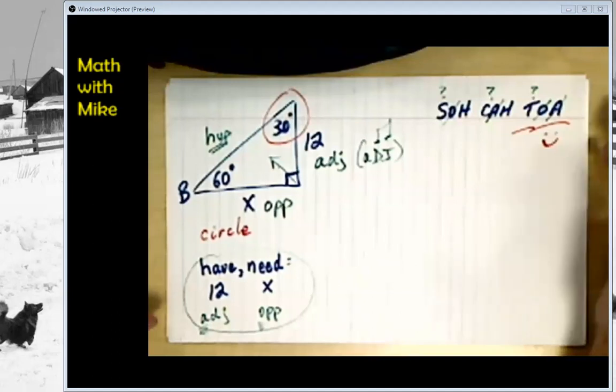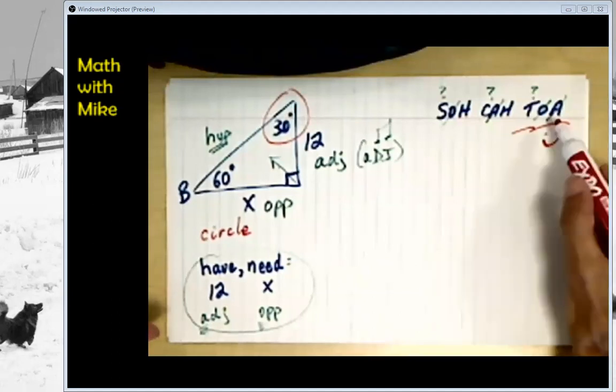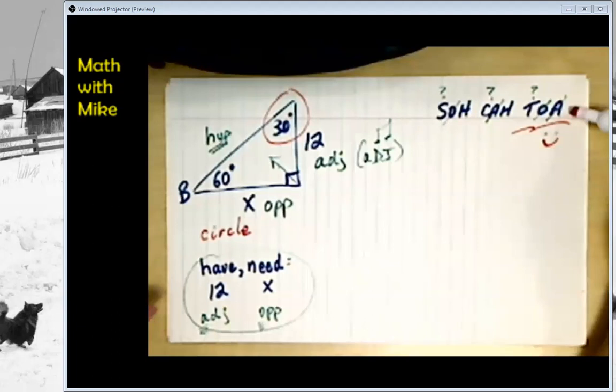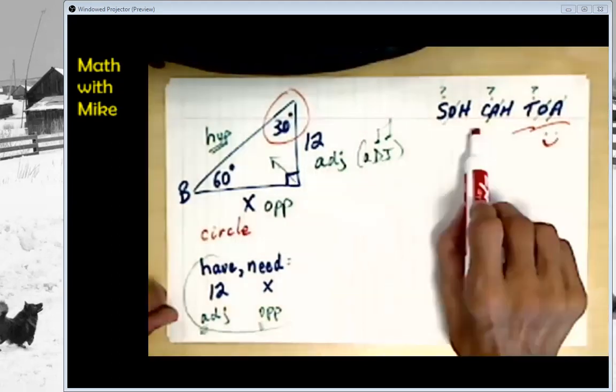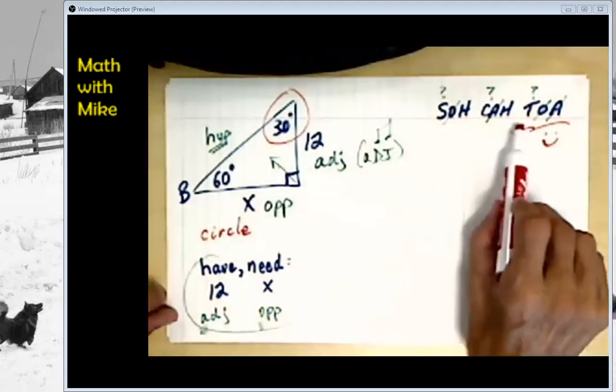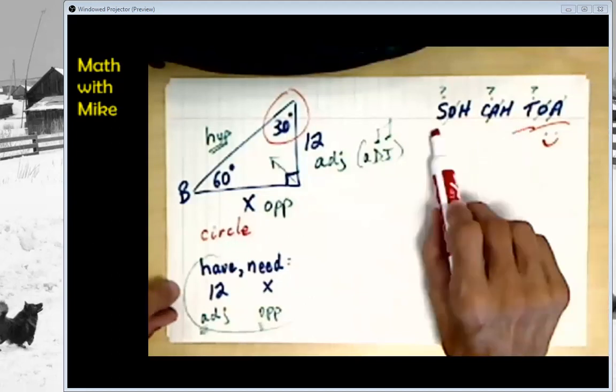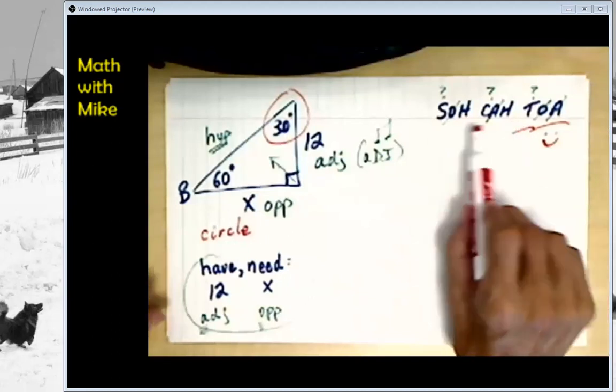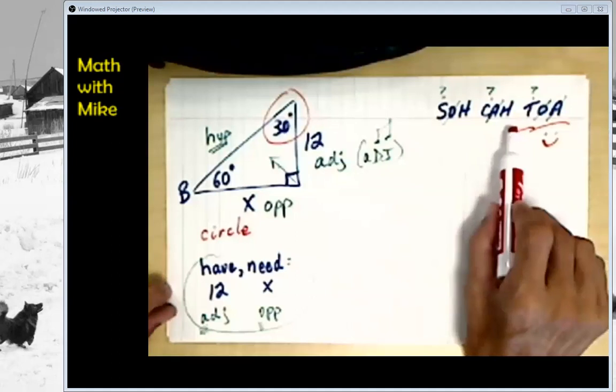And then you remember the patterns that are in here, the secrets that are in here. T is for what? Cosine for C, that's right. Sine for S for sure. Can't remember?